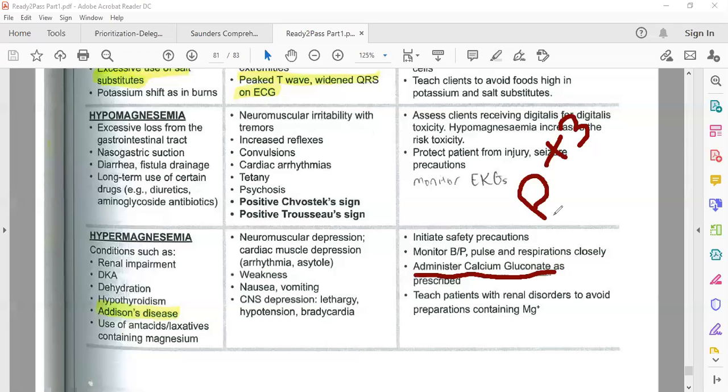So always keep in mind that there is an inverse relationship between calcium and phosphorus. Let me recap it. It means if the calcium level goes up, the phosphorus level is supposed to go down, right?